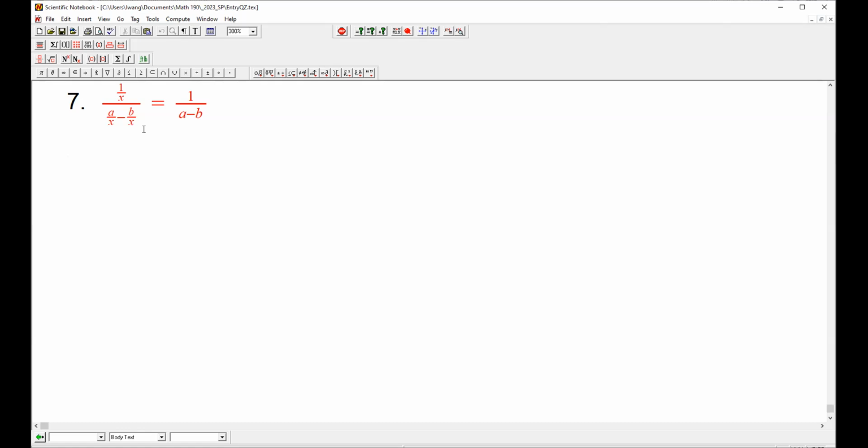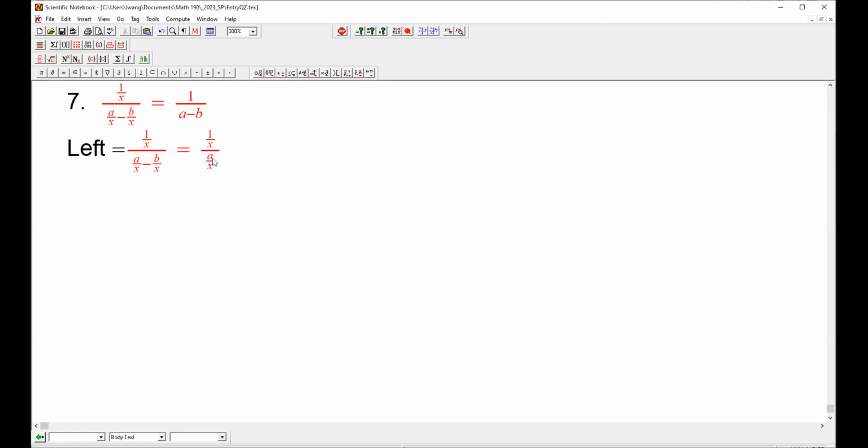we look at the left-hand side. Let's do some algebra. On the left-hand side, if you look at the denominator, it has a common denominator, so we could apply the common denominator and do a minus b.